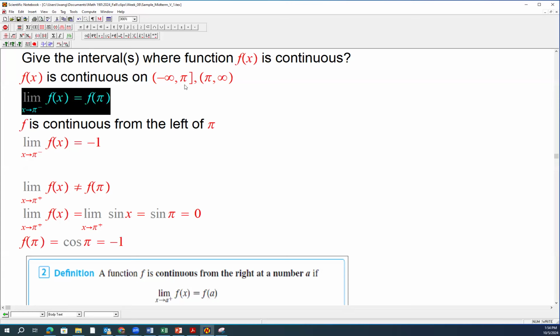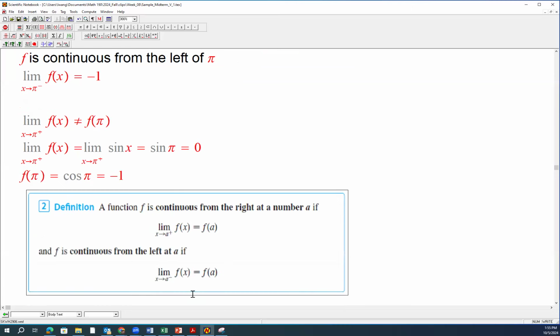Left continuous, therefore it is continuous from negative infinity to pi. The pi side is closed. On the other side, from the right of pi, the function's limit is not the same. The limit is 0, but the value of the function is -1.